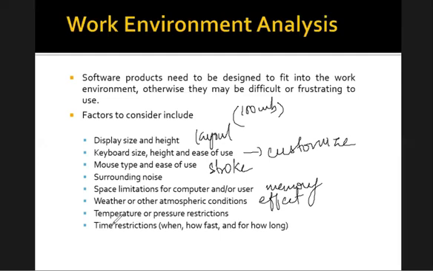That is why you've got air conditioners placed within the server rooms. Then time restrictions: when, how fast and for how long the systems are going to run, by what time you can access them, after what time you cannot access them. That is going to be identified in the work environment analysis.